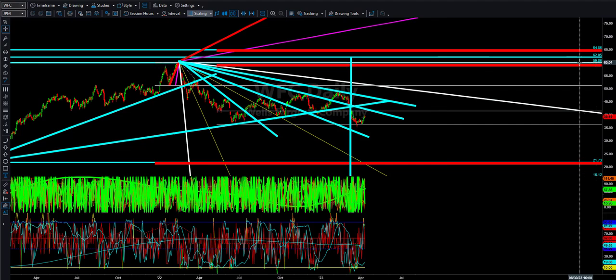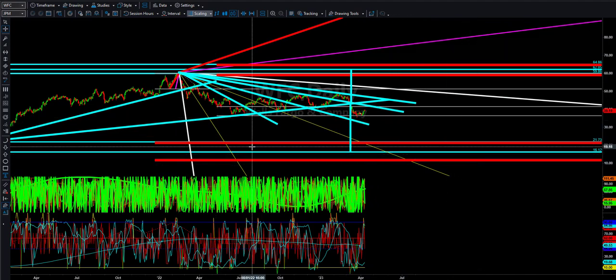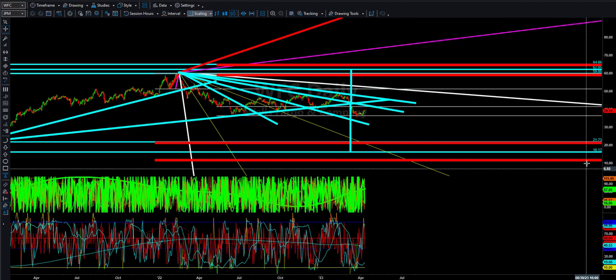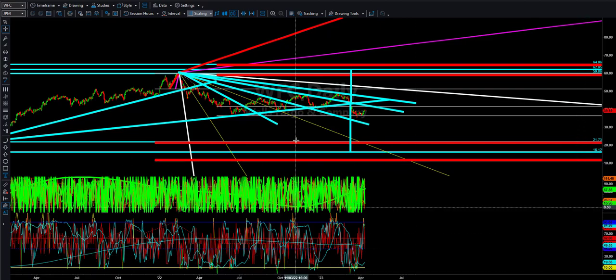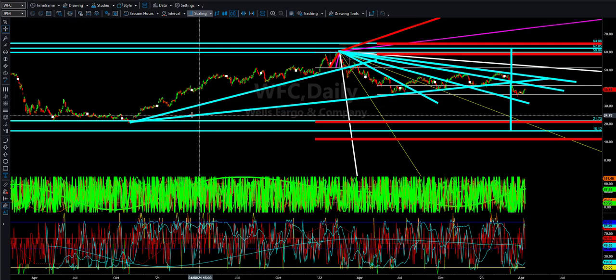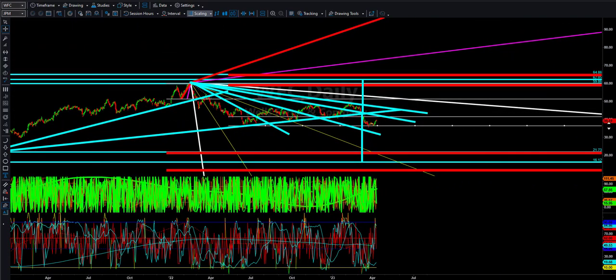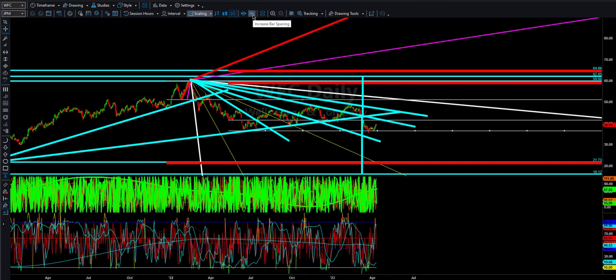Target around the 59 to 64 range, and on the panic move down around the 21 area. That will bring it all the way back down to a retest of the low from October 2020. So these are the levels.